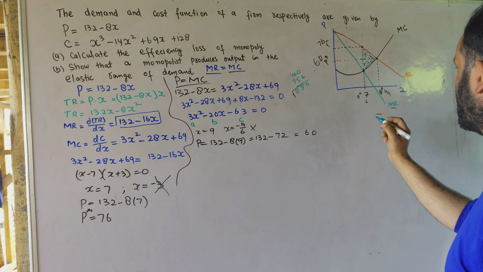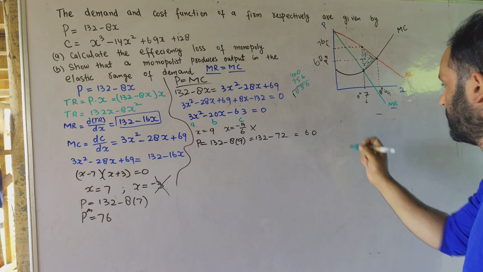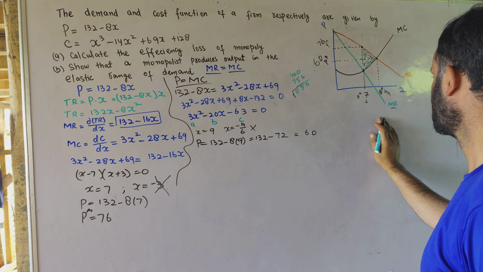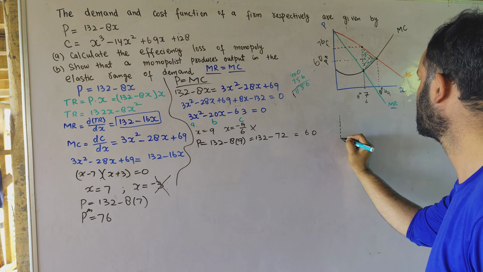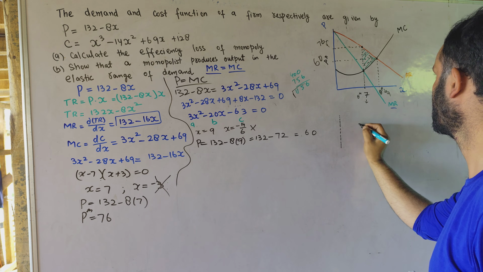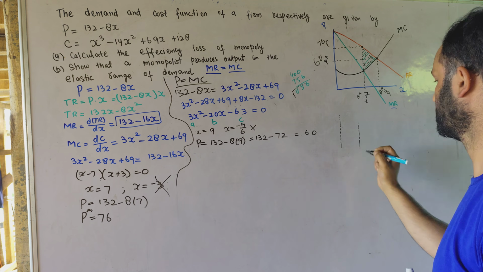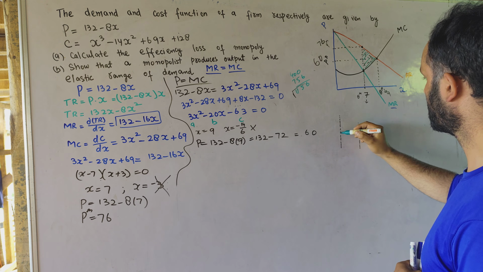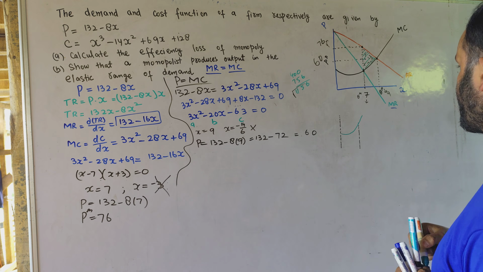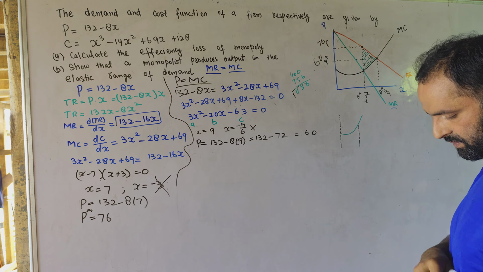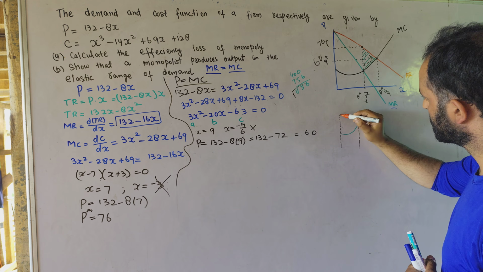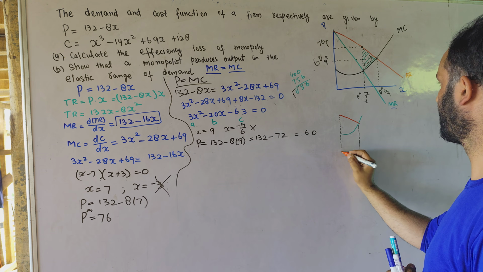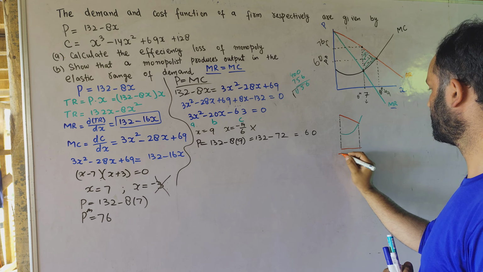If I replicate it here, so we have like this, then we have like this, then we have like this. Okay, it's not going pretty well here. Then we have this demand function. Here we have 8, here we have 7, here we have 9.